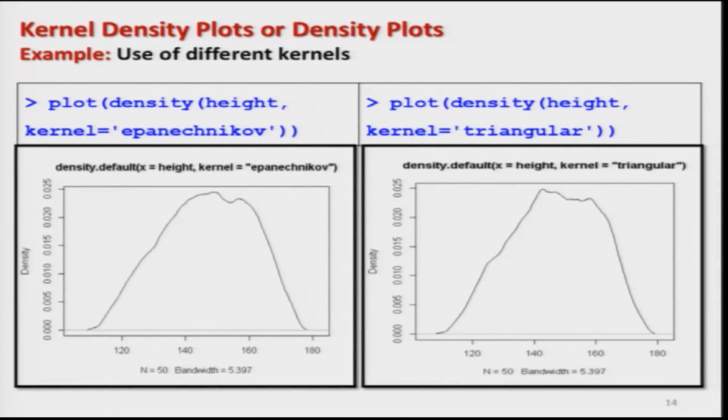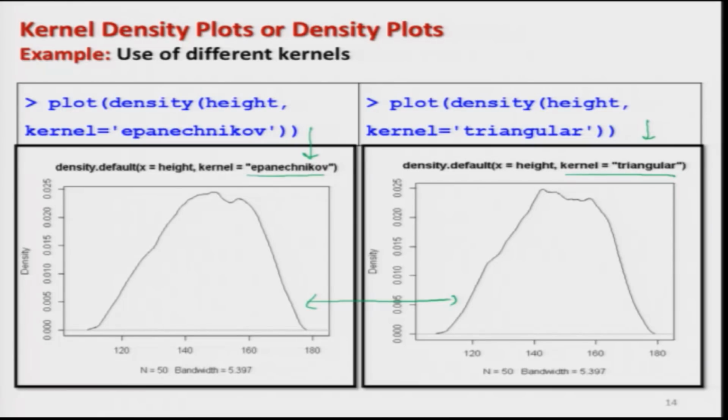Similarly, you can choose other kernels, like in this first graphic I am using the Epanechnikov kernel, and in this one a triangular kernel and so on. You can see the structure is more or less similar, but not exactly the same.